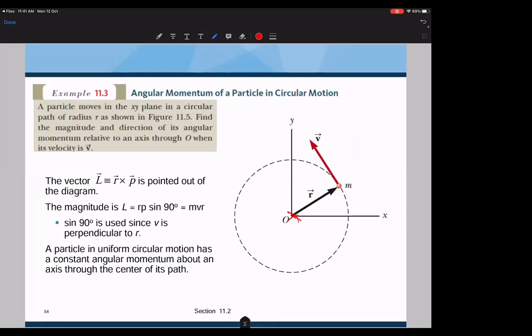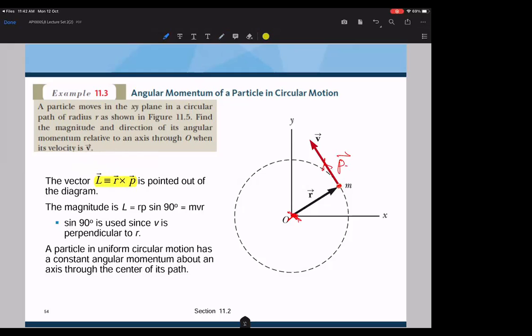This is the axis of rotation going through the paper perpendicular to the plane. And the particle is here, moving in a certain direction. So the momentum is in this way. For one particle moving about a certain axis, the angular momentum about that axis is calculated by this equation: L equals R cross P.